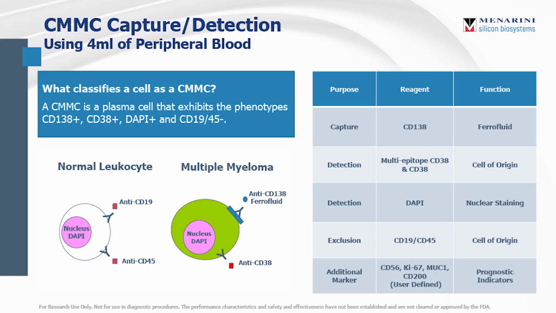And one thing that's important about the CellSearch system is that it's a 4-channel fluorescent system, and there are only 3 in use right here. This adds the capacity for a user-defined marker. So if you have other markers of interest in your studies, there is an available channel for you to add those in order to obtain more information beyond enumeration and identification of CMMCs.